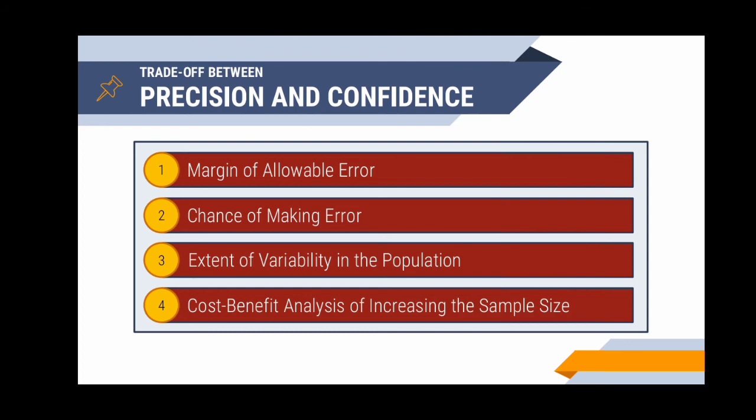In number 3 naman, to what extent is there variability in the population on the characteristic investigated? And last, what is the cost-benefit analysis of increasing the sample size? Kasi at all times, di ba, we need to consider the effectiveness, pero we also need to look for the efficiency ng isang bagay. Nagets ba yun? I hope so.